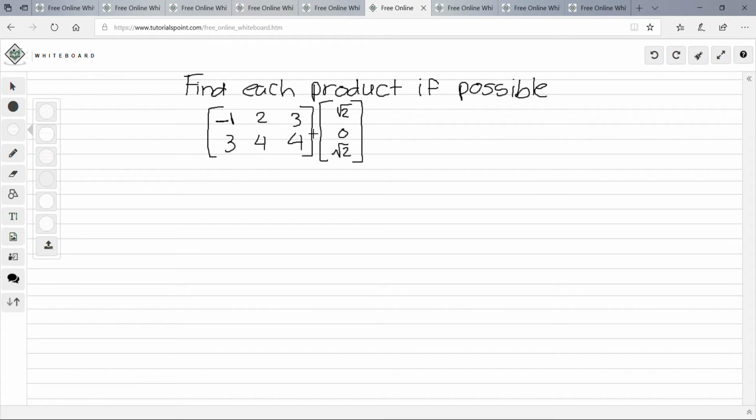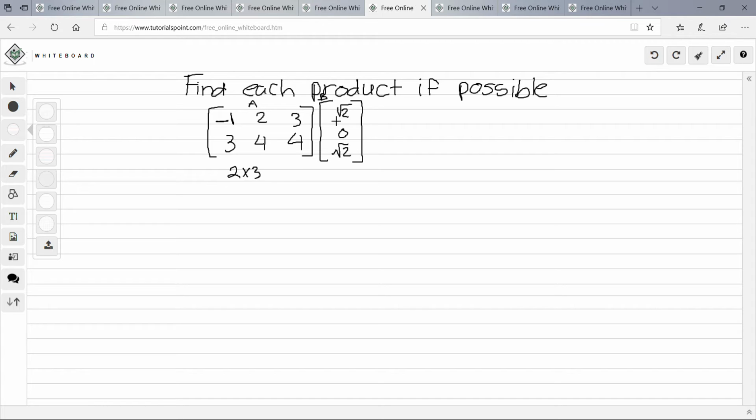So I have to first determine if it's possible. We could call this matrix A and we could call this matrix B. So matrix A is row by column, so 1, 2. So that's 2 rows, and then how many columns? 1, 2, 3. What about matrix B?